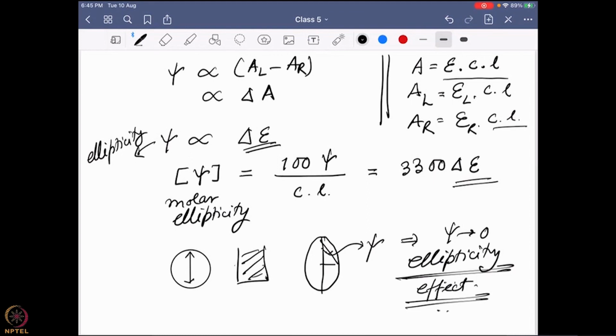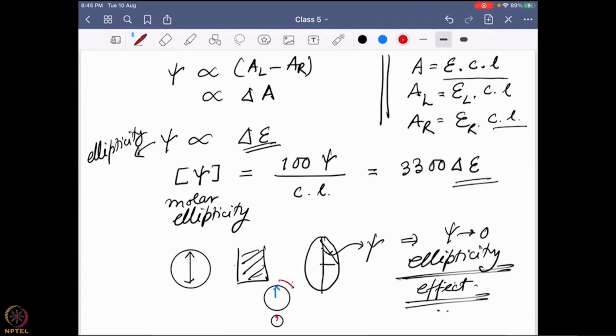And what is the physical phenomenon? That my right hand and left hand circularly polarized light are absorbed with different amplitude.